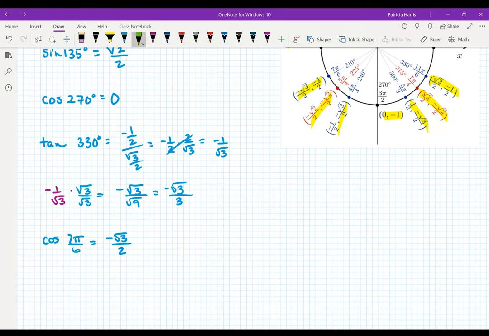Okay, now let's talk about values that are not directly on the unit circle. So let's say you were asked to find the sine of 780. Okay, so 780 degrees is over 360.